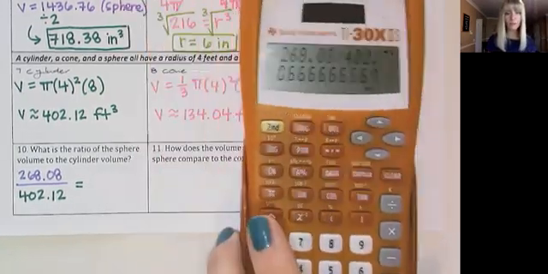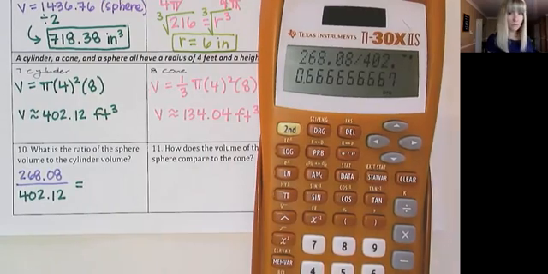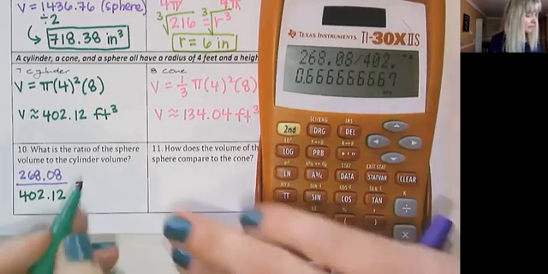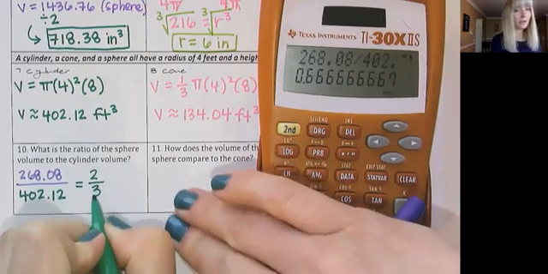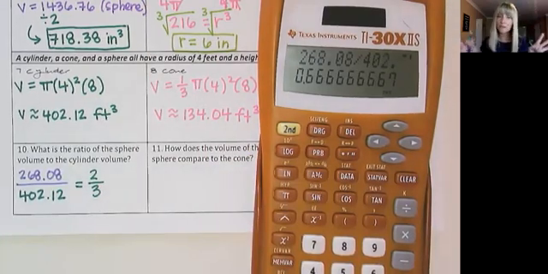That decimal, I know that decimal. Do you know that decimal? That decimal is 2/3, which of course it is, because the sphere formula came from the fact that a sphere is always 2/3 of its corresponding cylinder. If it has the same radius and the same height, it will be 2/3. And that's exactly what happened here. The ratio came out to 2/3.